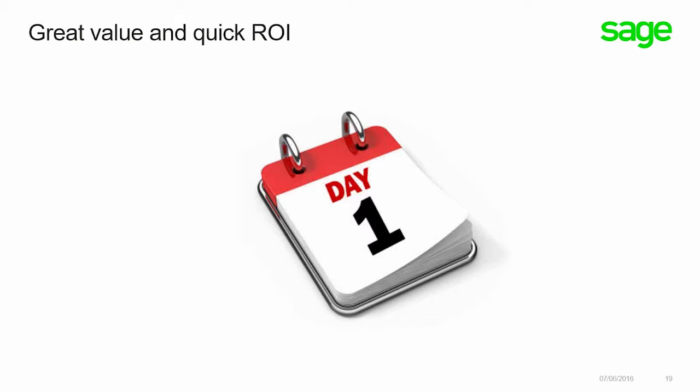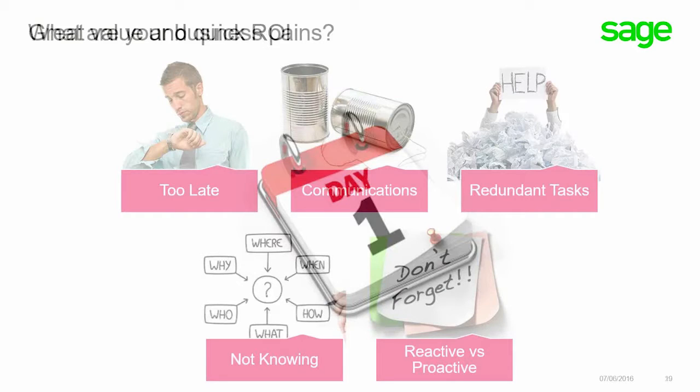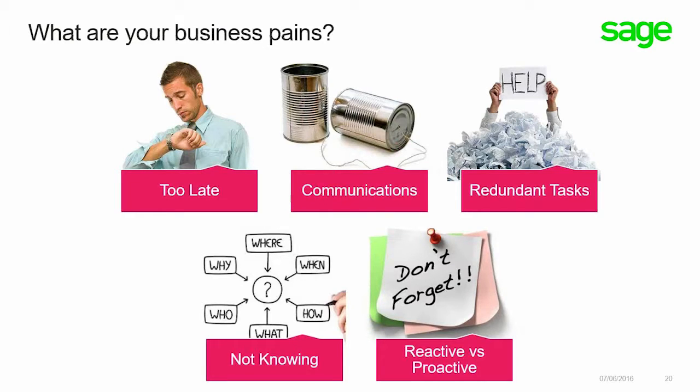It turned out that the average payback period for customers investing in alerts and workflow was 88 days, just under 3 months. And that ROI calculator is available on our website if you'd like to go through it and put in your own numbers and see how quickly you could pay off your investment in the alerts and workflow technology.